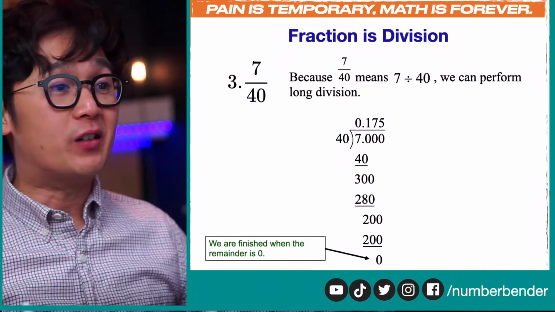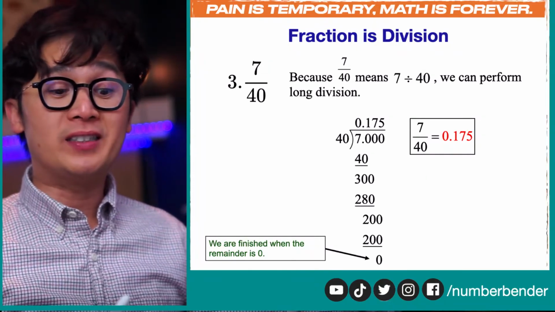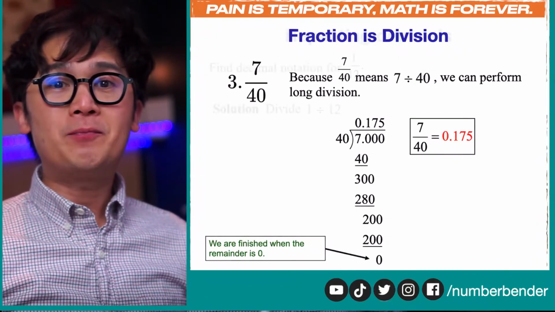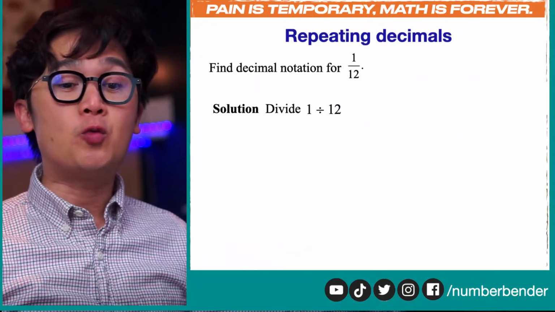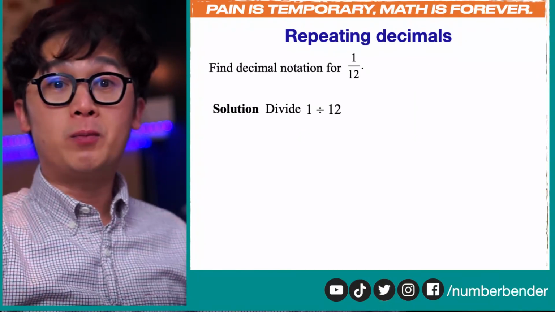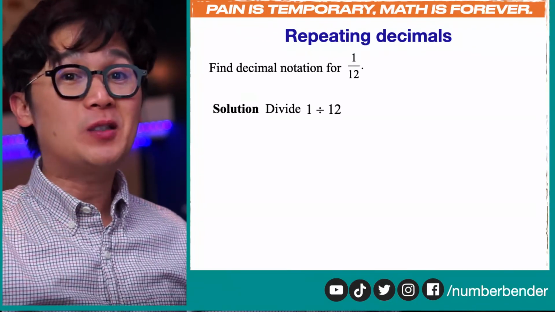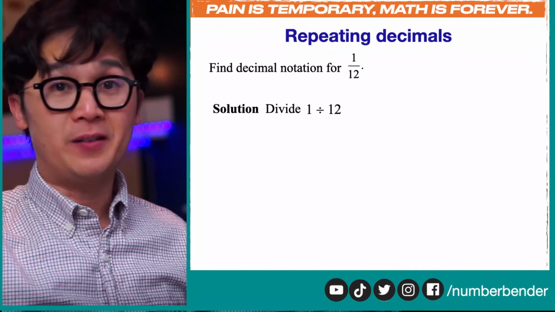So now that our remainder is 0, we can convert 7 over 40 into 0.175. So let's see if we can use this technique on 1 over 12. Now 1 over 12, can you think of an integer or a whole number that you can multiply with 12 so that it's equal to 100?